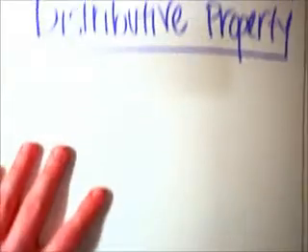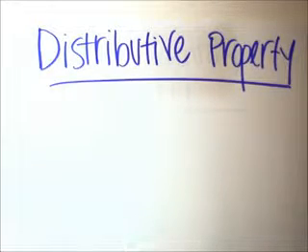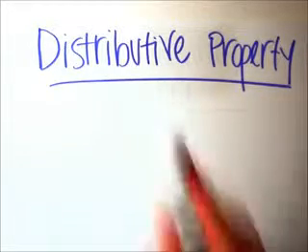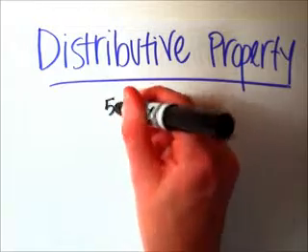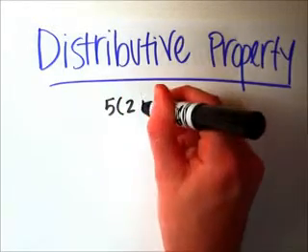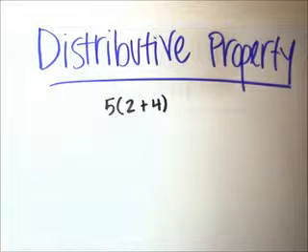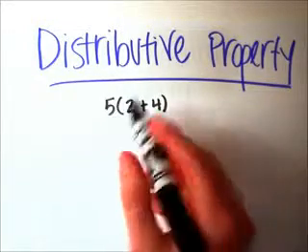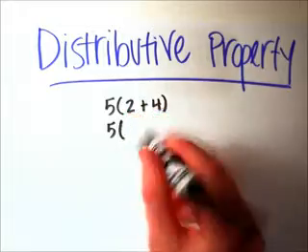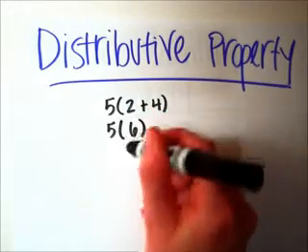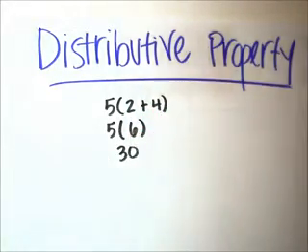Alright, next up is the distributive property. The distributive property is telling us, suppose you had 5(2 + 4). If I solve this with the traditional order of operations method, that becomes 5 times, well, 2 plus 4 is 6, which gives me an answer of 30.